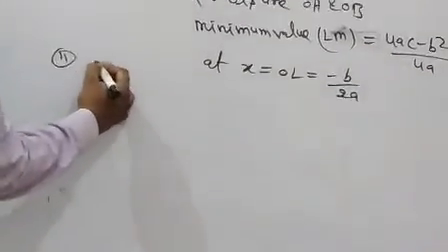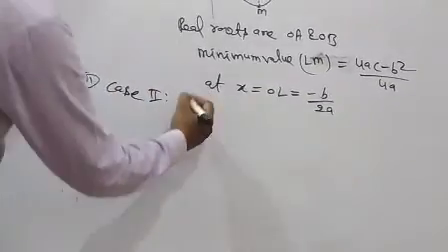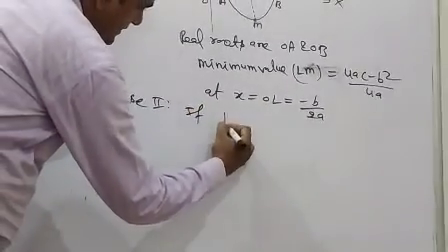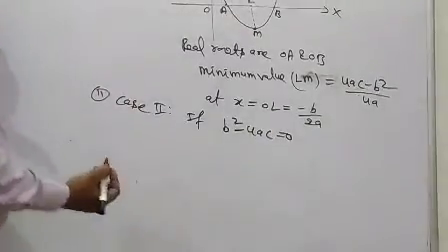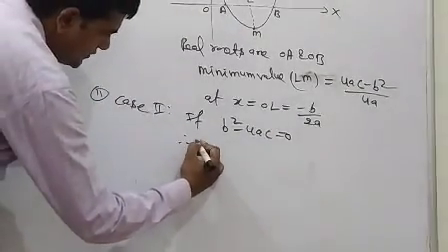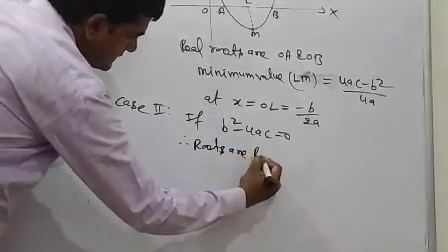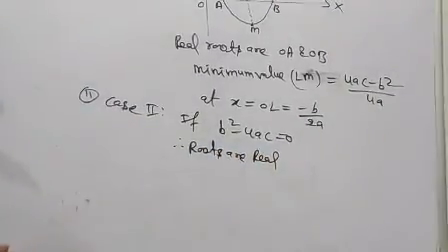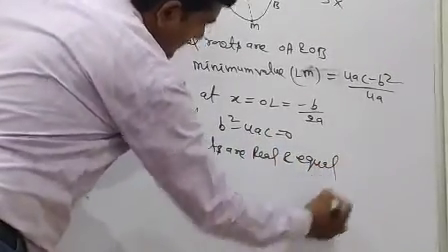Second case. Here if b square minus 4ac is equal to 0, then the roots are real and equal.